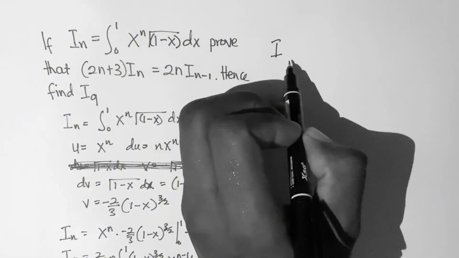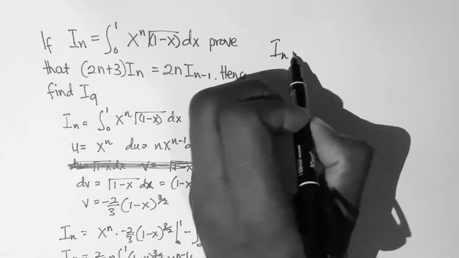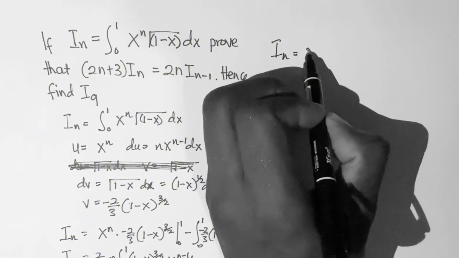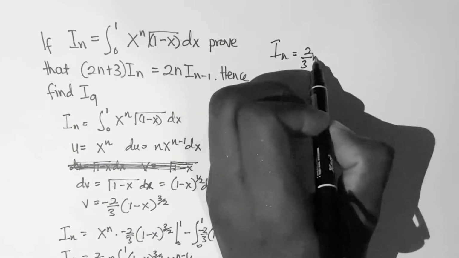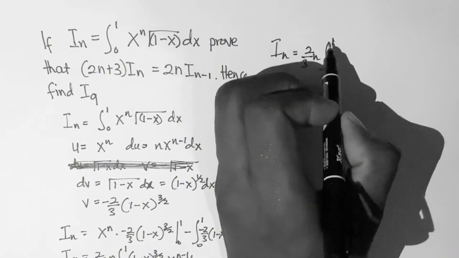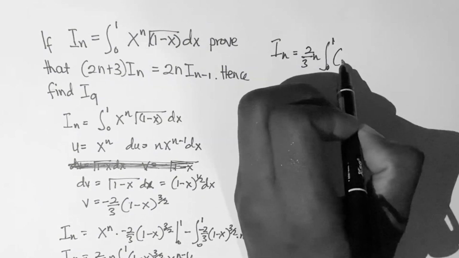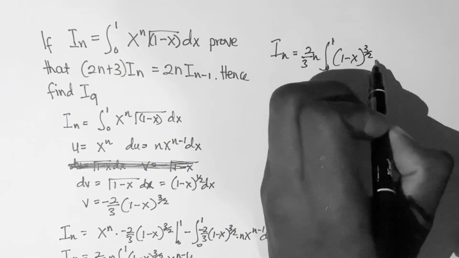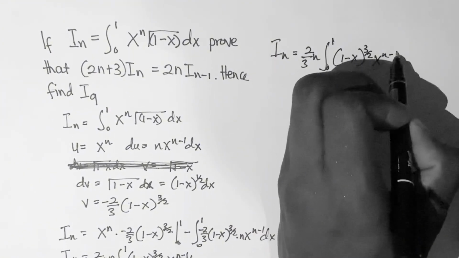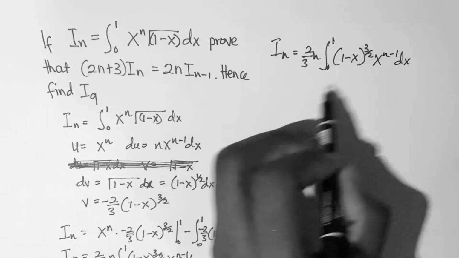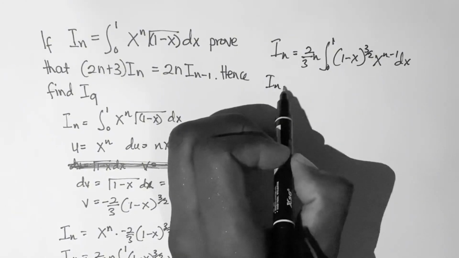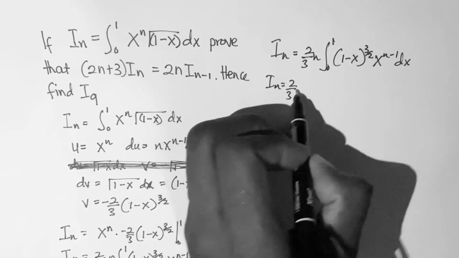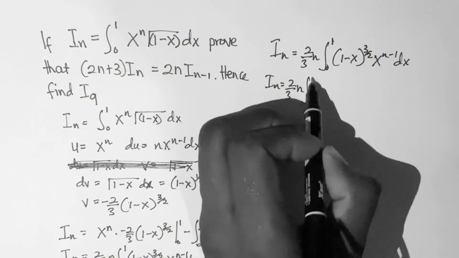We established that I_n is equal to 2 over 3n times the integral from 0 to 1 of (1 minus x)^(3/2) x^(n-1) dx.